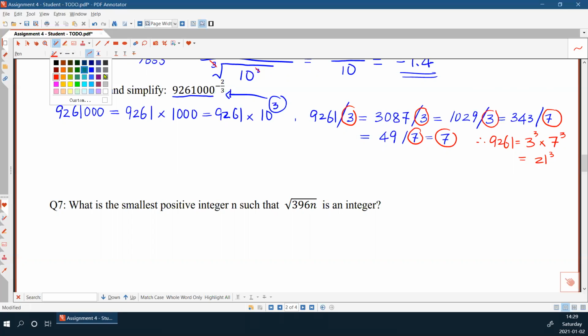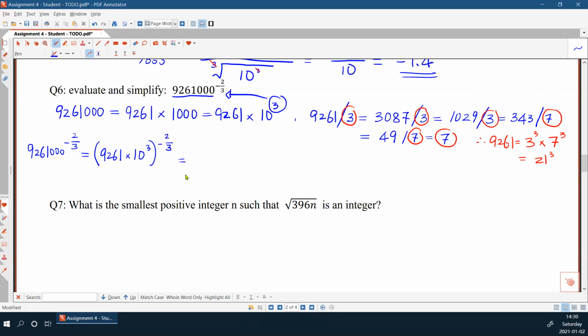So the next step would be this number to some ratios becomes by 10 to the 3 times.